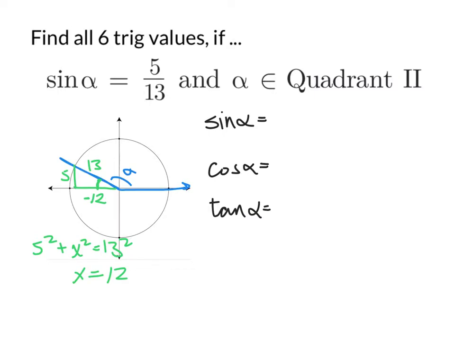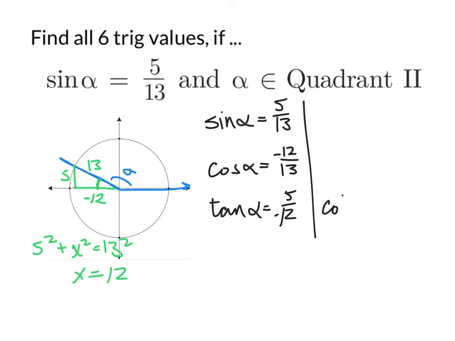We already know that sine of alpha is 5/13. But now when we look back to the triangle that we have in green, we can identify the cosine because it's going to be adjacent, the -12, over hypotenuse, 13. And for tangent, it's opposite over adjacent, so 5 over -12. Then we finish it up with our co-functions.